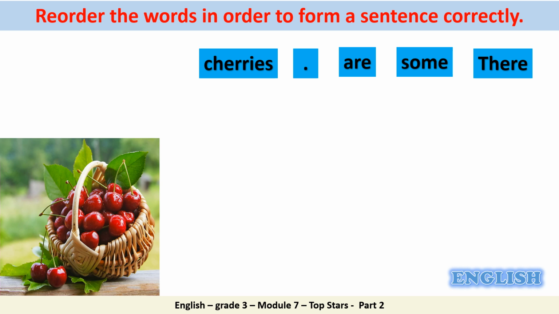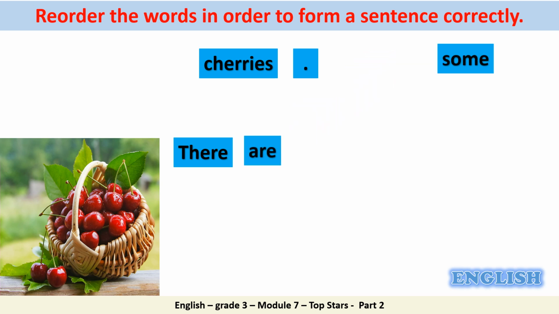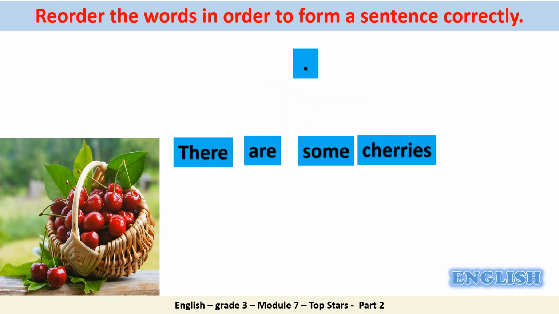Let's check your understanding of the uses of some and any by reordering the words in order to form a sentence. Pause the video and do the task. There are some cherries.